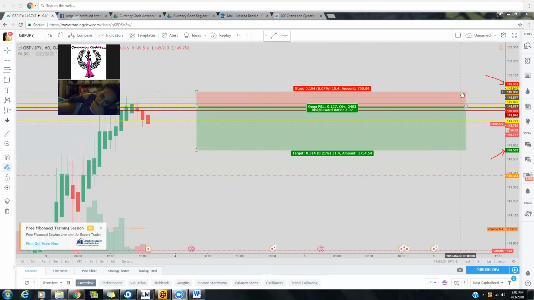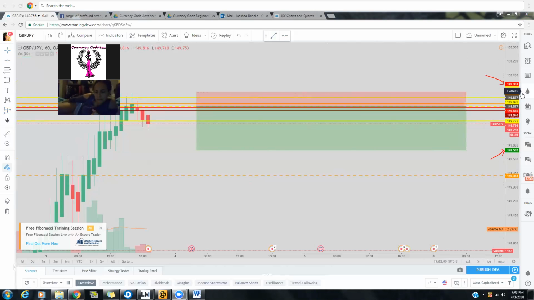I sometimes will drop my crosshairs there, and that way I can get the numbers from there just to make sure that I'm getting the right ones. So your stop loss is 149.981. And your take profit is 149.563.